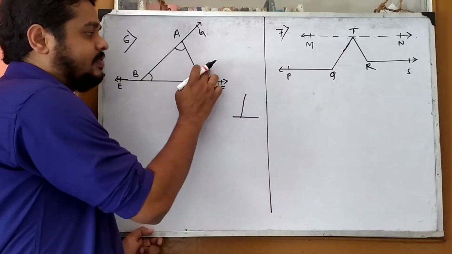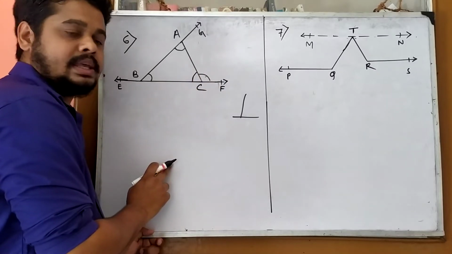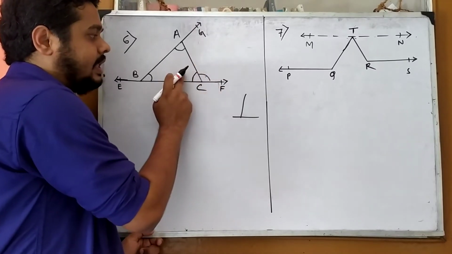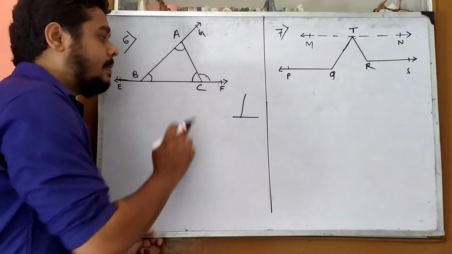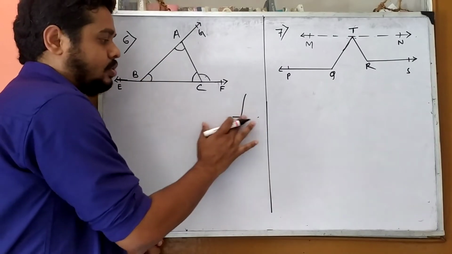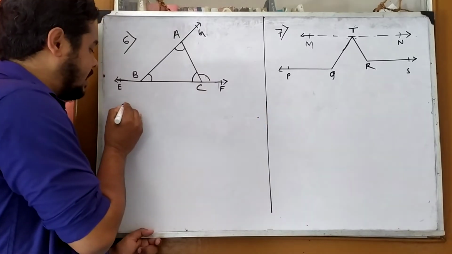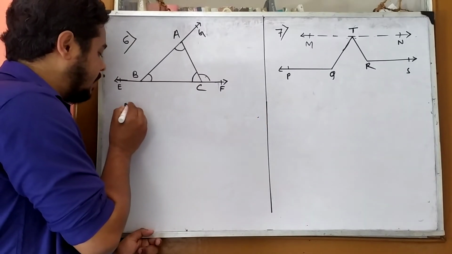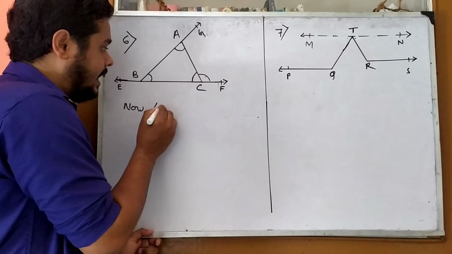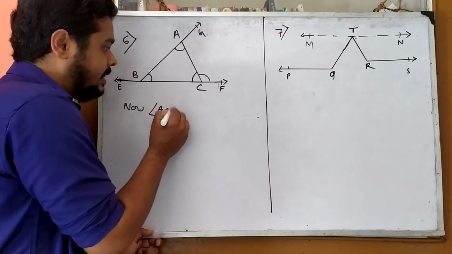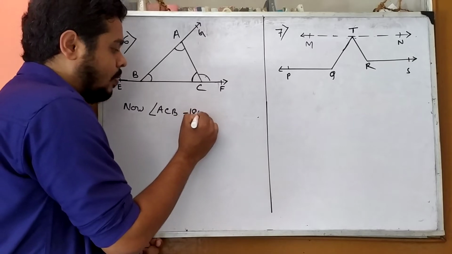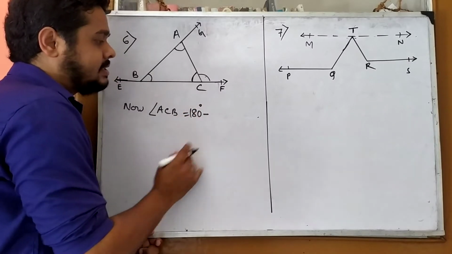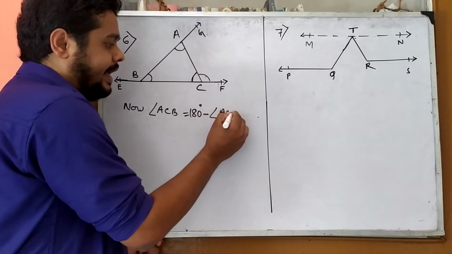So if this angle is X, then this angle will be 180 minus X. So therefore angle ACB, this angle, equals 180 minus angle ACF.